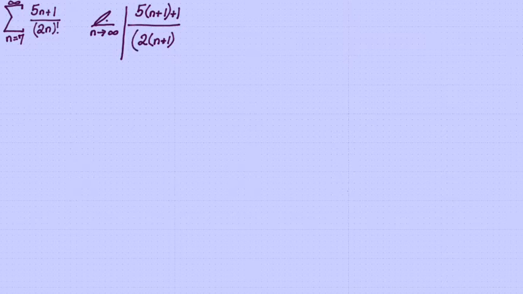So now I am going to take the limit as n goes to infinity, over 2 times n plus 1 factorial. And now I'm just going to multiply by the reciprocal of the second term. I'm going to omit that first part.